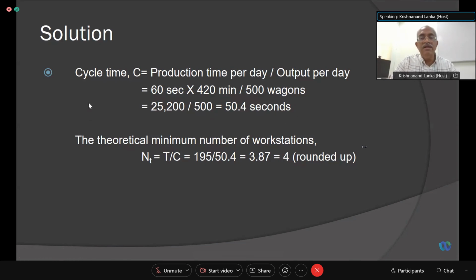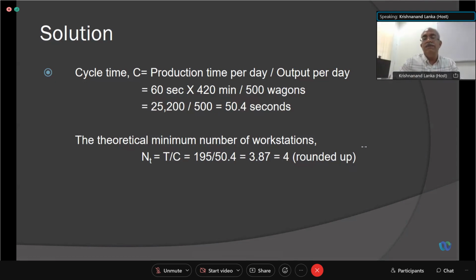And then here the theoretical minimum number of workstations is NT equal to total assembly time divided by cycle time. That gives, so that means you need 4 workstations. Whereas in the Henry Ford case, we have found that it should have at least 135.